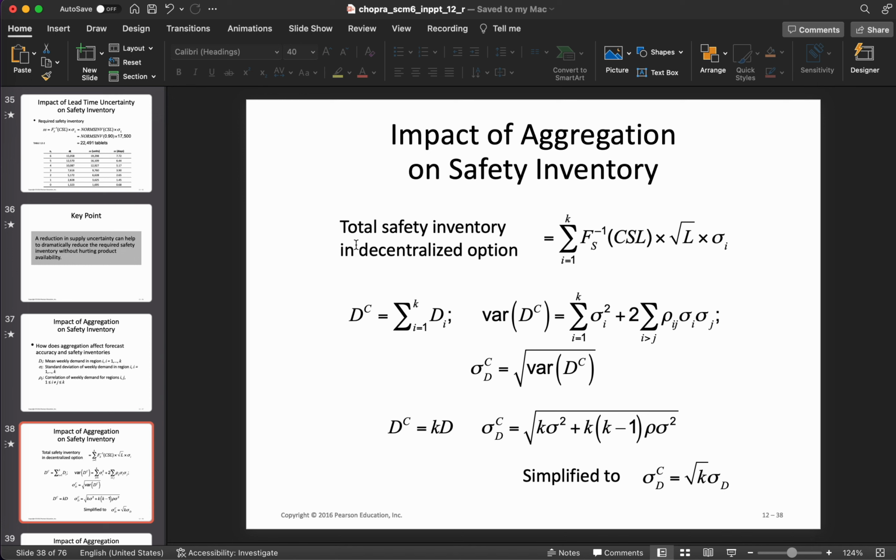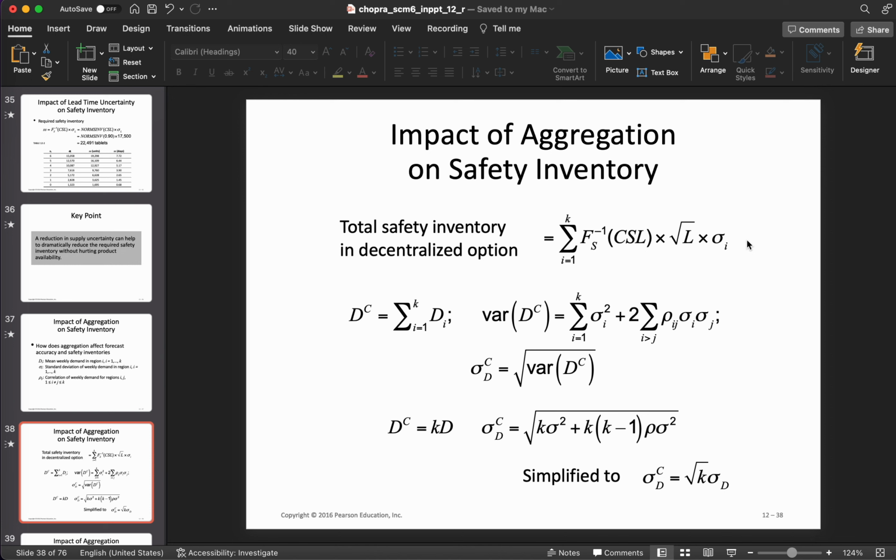We will look at each of them separately, and we'll assume that the lead time is L. For each of these regions separately, if we need to keep a cycle service level of CSL, then we will do the usual cycle service level calculation with the normal distribution or any other distribution, using the square root of L times sigma i. We'll calculate this out, and that will be the total safety inventory that you require. So you calculate the safety inventory separately for each of the K regions.